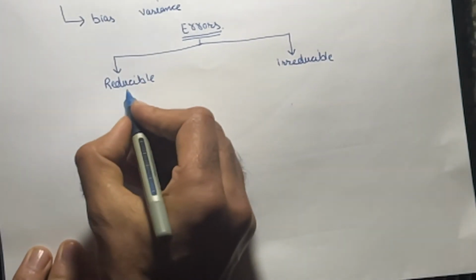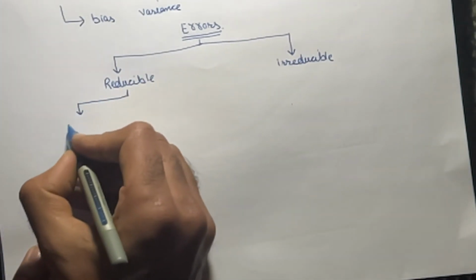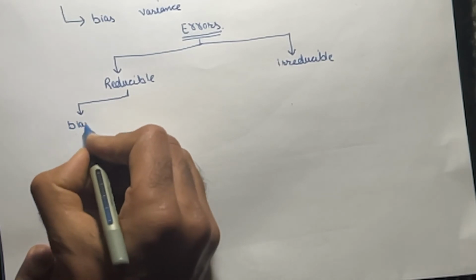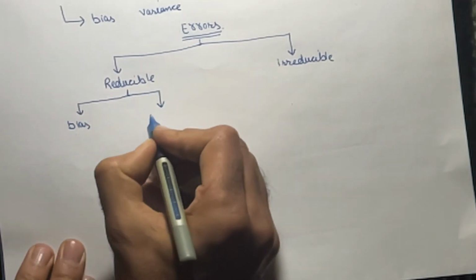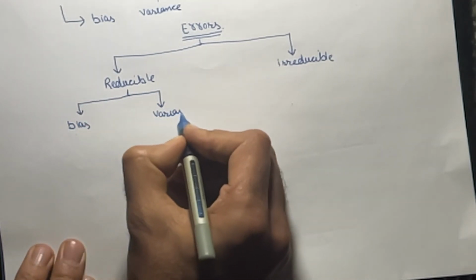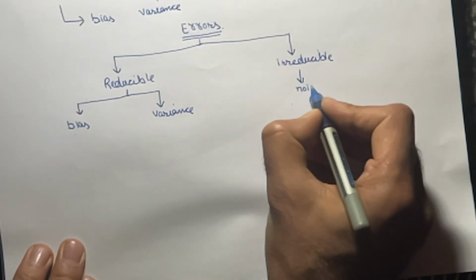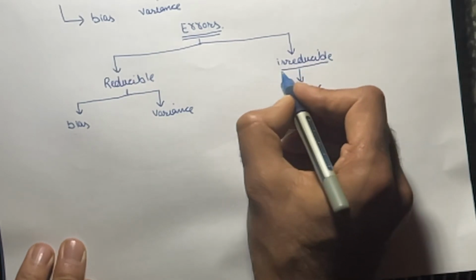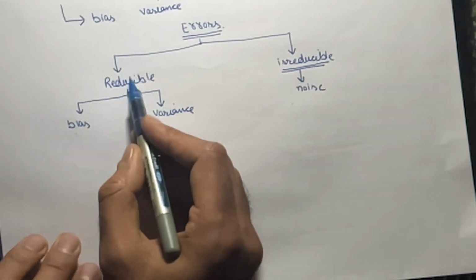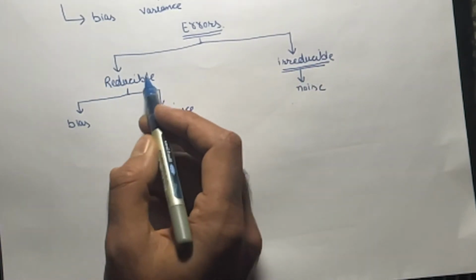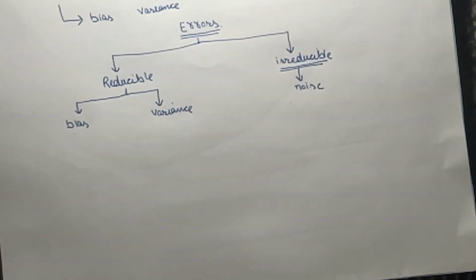And these reducible errors are of two types. One is called bias, another is called variance. And the irreducible error is mainly because of noise. Since we don't care about the irreducible errors, we will only check the reducible ones, because these errors can be changed.